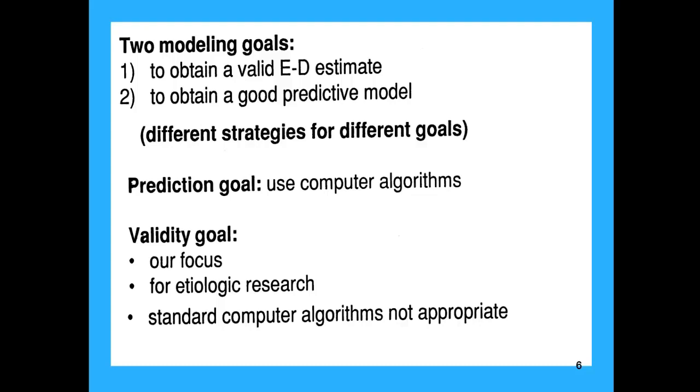Another goal is simply to get a way of predicting the outcome from whatever you've got as predictors. And they're not really the same goal. If your goal is prediction, you're trying to use the predictors, the E and the C's, to see how closely you can get to the value of the outcome variable.